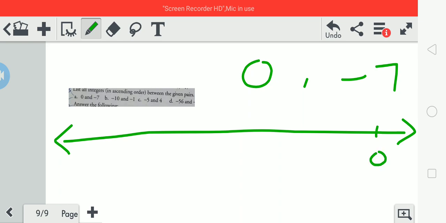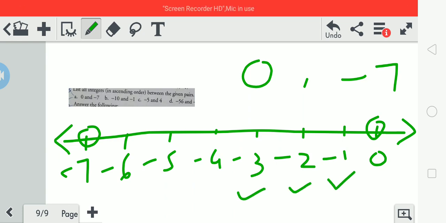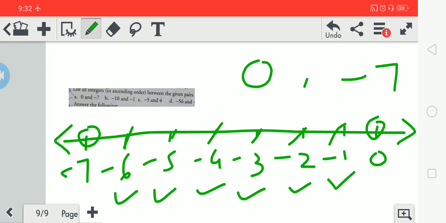So it is 0, -1, -2, -3, -4, -5, -6 and -7. Now you can circle 0 and -7 as per our procedure. Now count the numbers -1, -2, -3, -4, -5 and -6. There are a total of 1, 2, 3, 4, 5, 6. There are a total of 6 numbers in between 0 and -7.